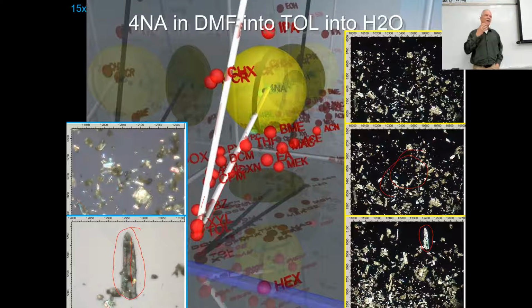You wouldn't know that in an industrial setting where you've got a stainless steel container and it's growing on the surface of the stainless steel. You don't have a camera in there, so you don't know where precipitation is happening. So this is a really important result, even though it was one little crystal on a piece of glass on the side of the beaker.